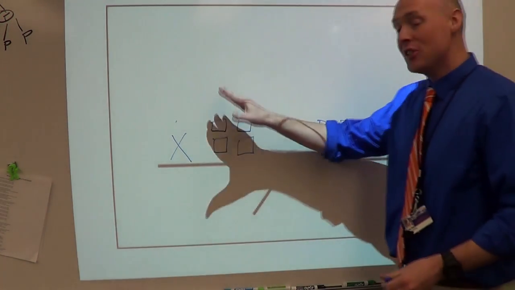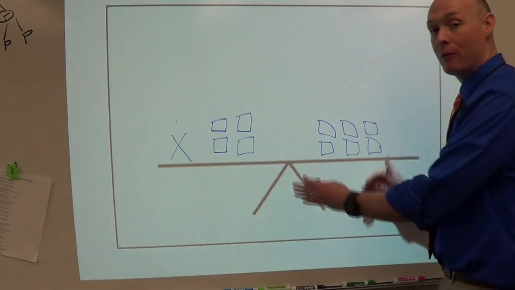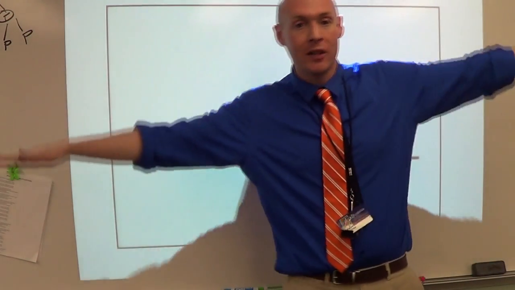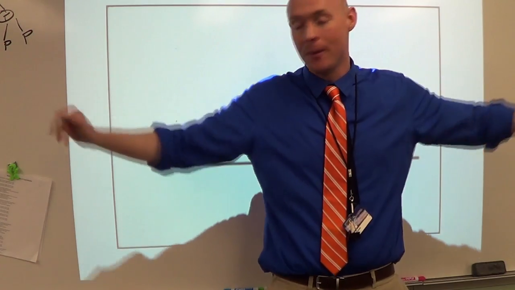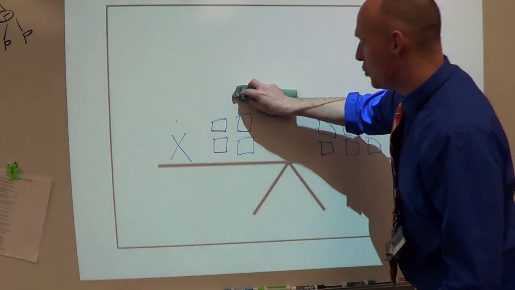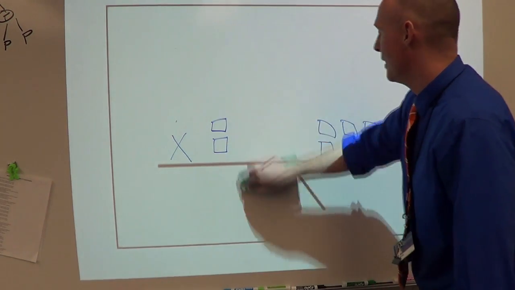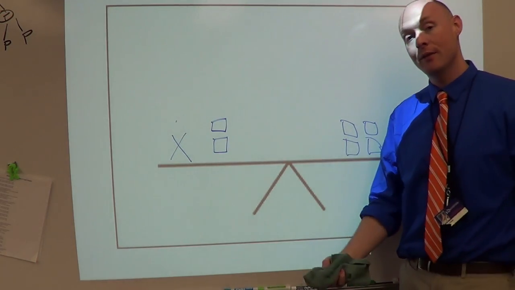Now, if you take stuff away from one side, you have to take the equal amount from this side. Otherwise, our balance will be off. And we always need our balance to be completely equal. So over here, if I remove 2 blocks, then I have to remove 2 blocks. And we're even.